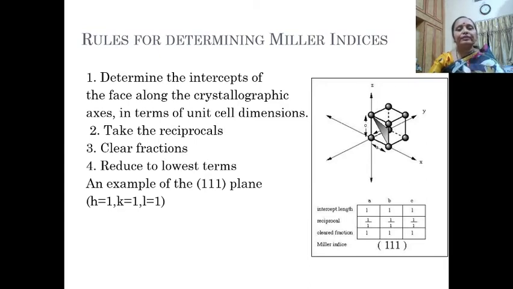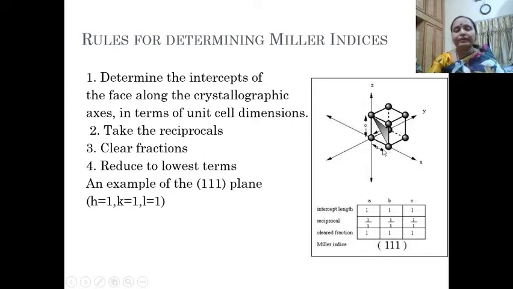So the rules for determining the Miller indices. First, determine the intercepts of the plane along the crystallographic axis in terms of unit cell dimensions. So first we determine the intercepts which the plane makes with the axis.